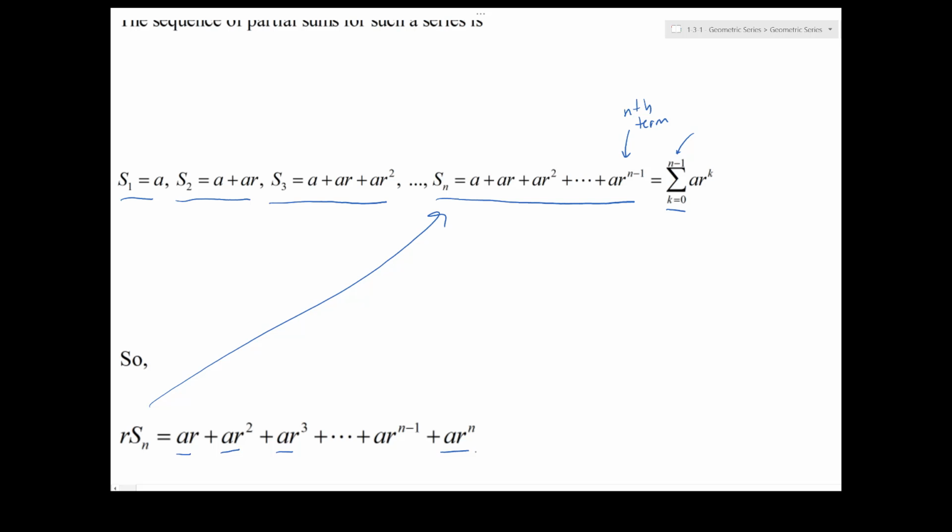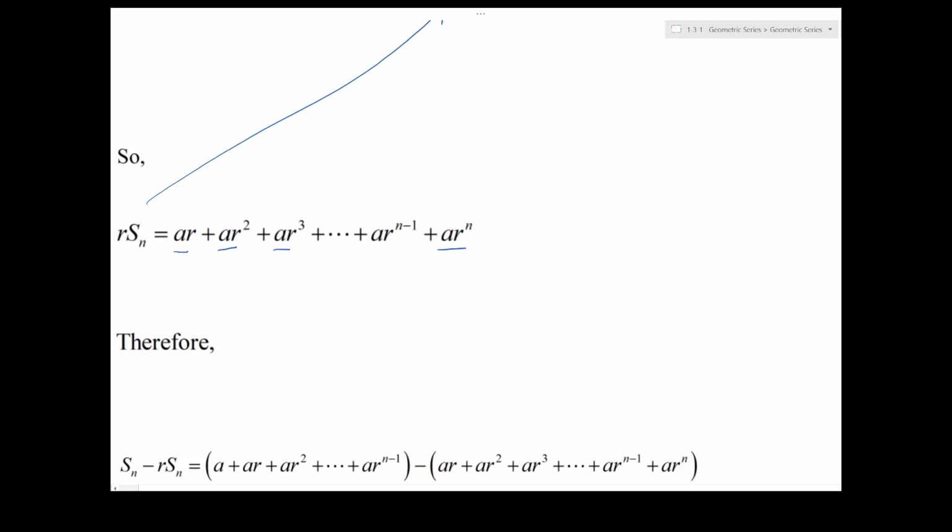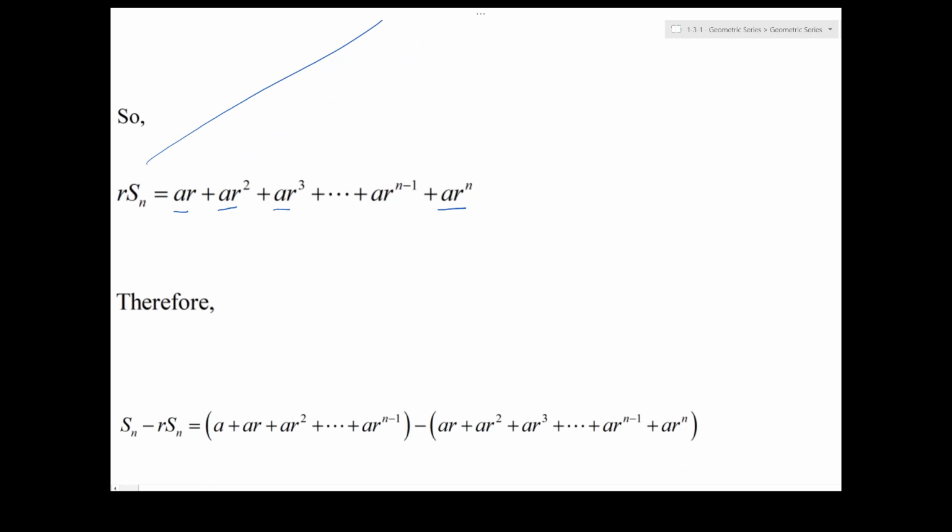And so that's of some use, because if you then take the nth partial sum, right here, and add it up with the negation of r times S of n, just a fancy way of saying take S of n and subtract r times S of n. Of course, r times S of n we just saw right here.